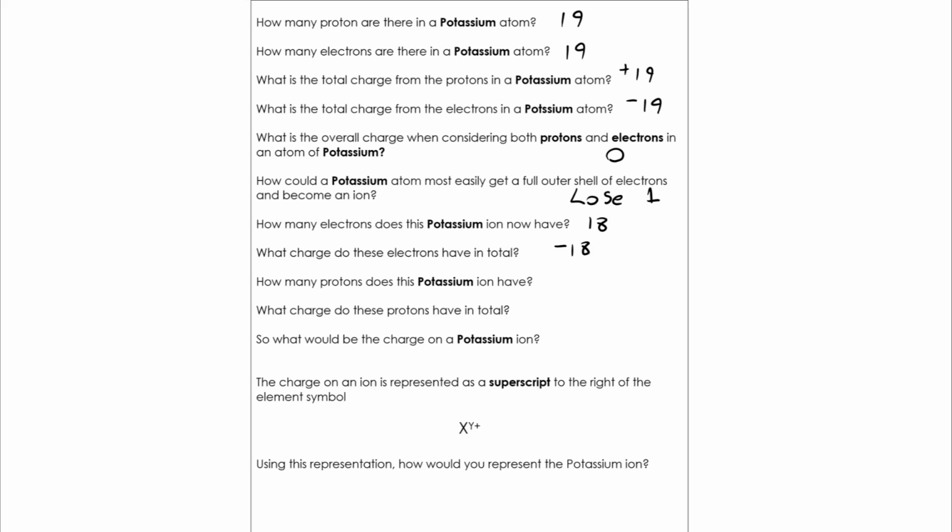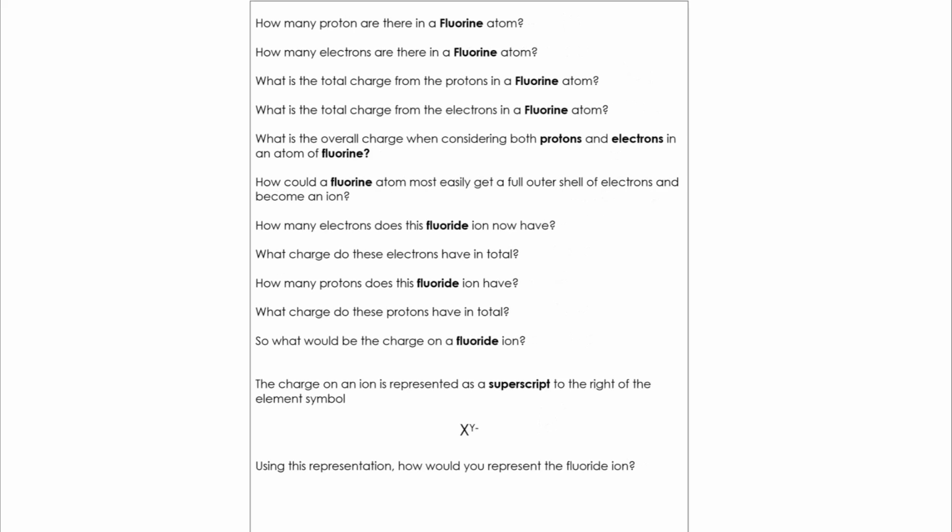That means it now has 18 electrons with a total charge of -18. But it still has 19 protons with a total charge of +19. So the total charge, -18 plus 19, is +1. And so I would write that as symbol for potassium is K, K plus. I don't need to put the number when it's a +1.